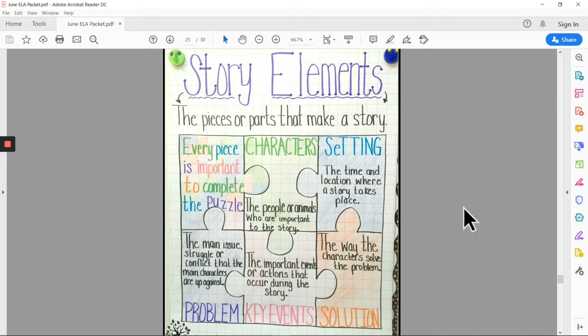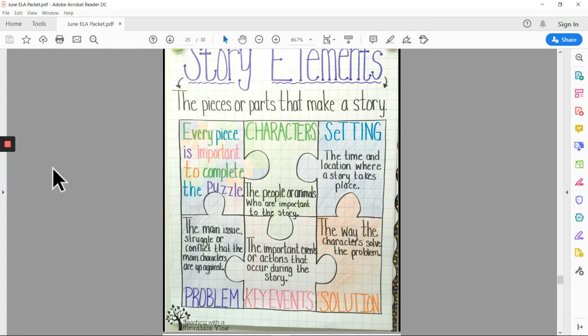This week we're really focusing on how the setting and characters are connected. How do the characters think, feel, or act as a result of the time and location that the story is taking place?